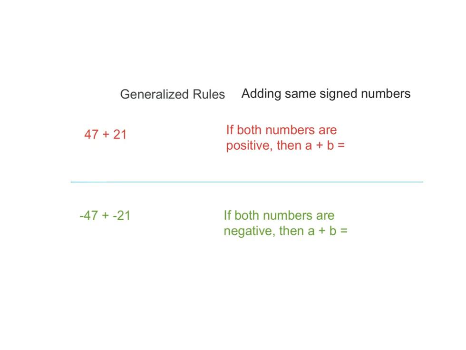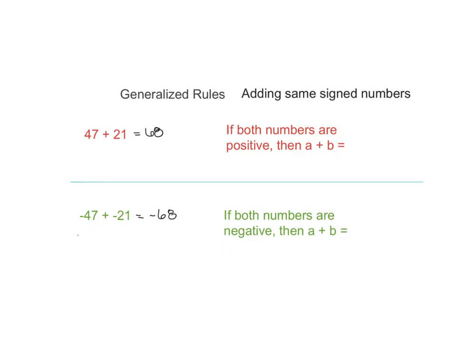So now that you generalized a strategy, we're going to look more at the notation that is involved. So when you said 47 plus 21 is the same as 68, and then you said, well, I know that negative 47 plus negative 21 then has to be a negative 68.